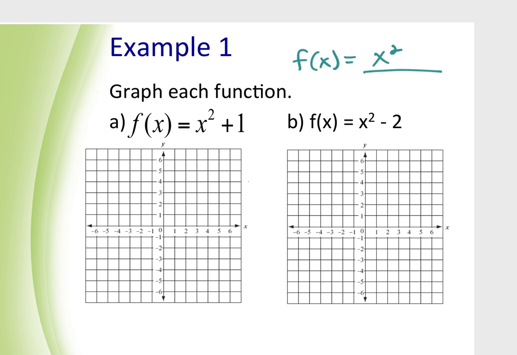So what translation is happening in A? Up 1. So I'm going to go up 1. I'm going to plot my point. And then with the parabola, you would go up 1 and out 1. So I go up 1 and out 1 in either direction and draw your parabola.